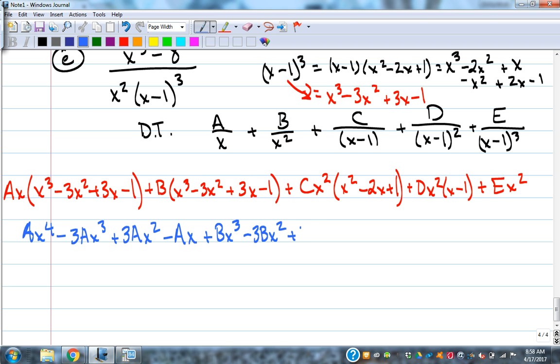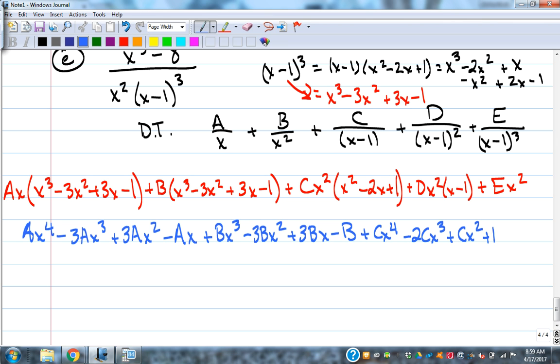Distribute there, plus 3bx minus b. And then cx squared times x squared would be cx to the fourth minus 2cx cubed plus cx squared.